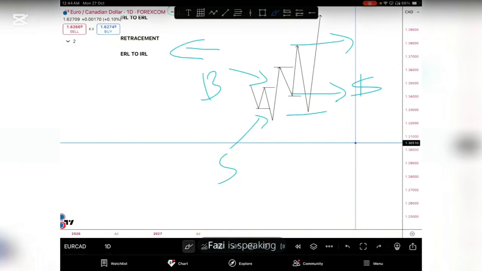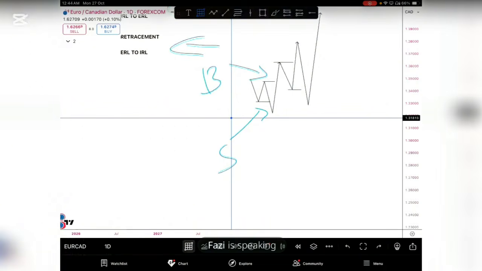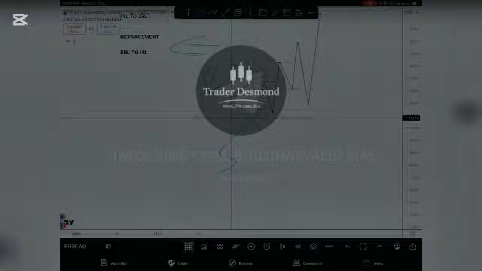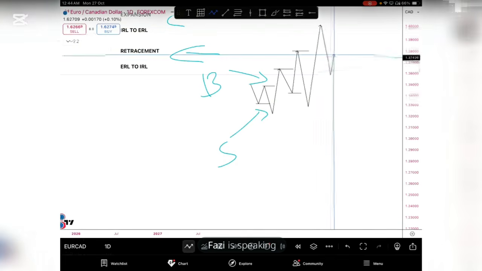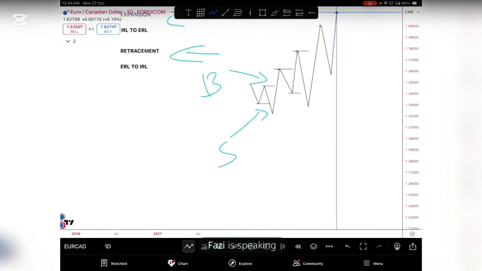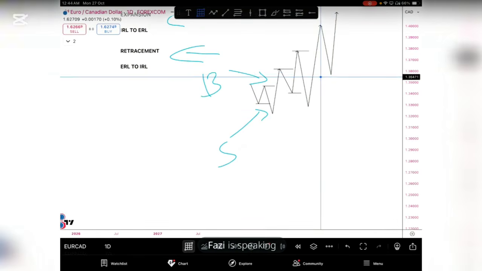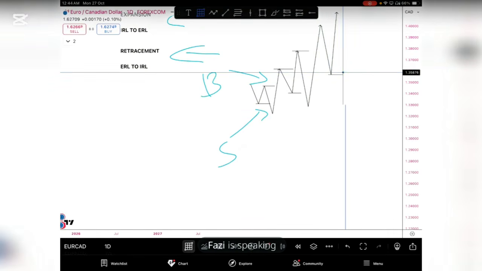So what is a retracement move? After taking new higher highs, what does the price do? The price always comes to retrace. After the retracement, it will create some liquidity. That liquidity needs to be taken out.